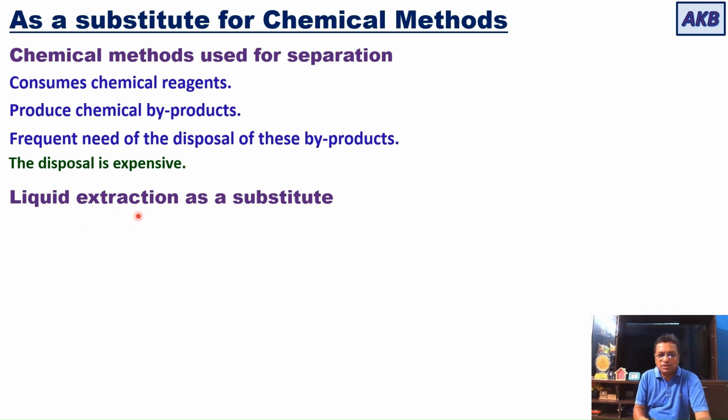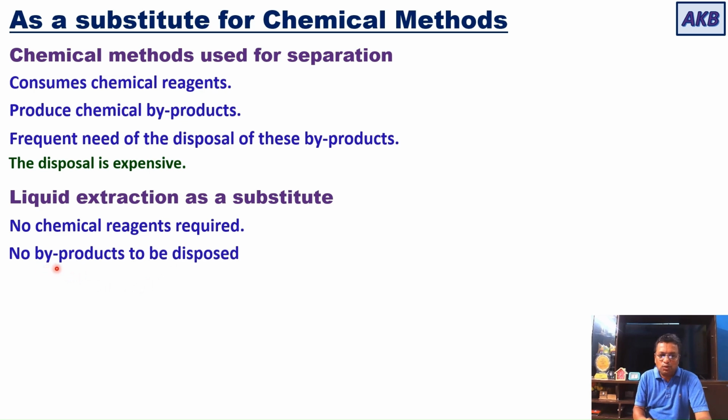So if you use liquid extraction as a substitute, then what are the advantages? There is no chemical reagent required. We don't need any chemical reagent. There are no byproducts, because there is no chemical reaction in liquid extraction. So no byproducts are formed. And if there are no byproducts, there is no question of disposing them.